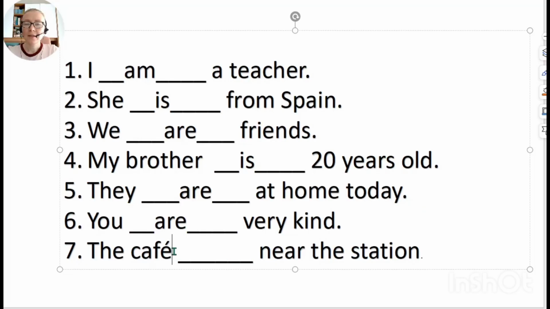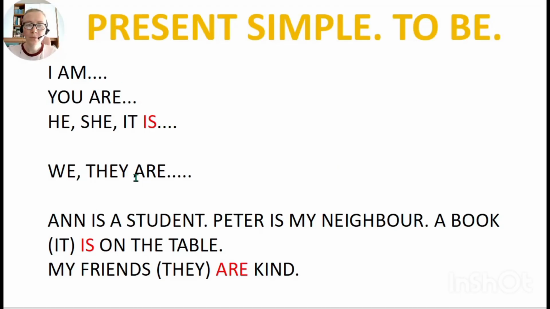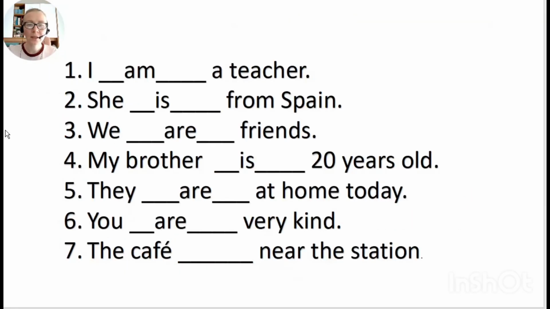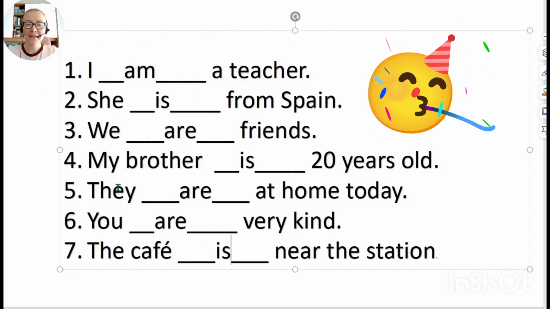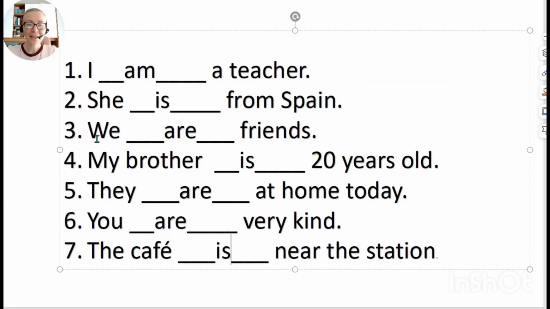The cafe, is it we, they, which pronoun can we put instead? The cafe, it, like a book, right? So in this case, we put the cafe is. Yay! So we have finished this exercise, and I hope it was useful for you.